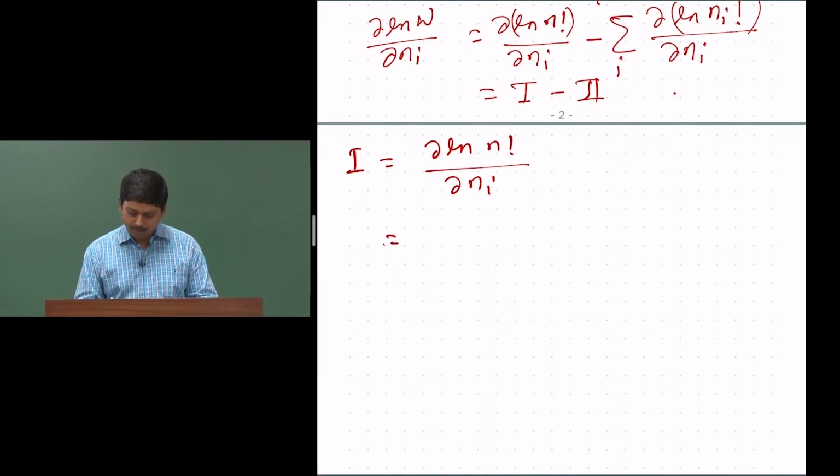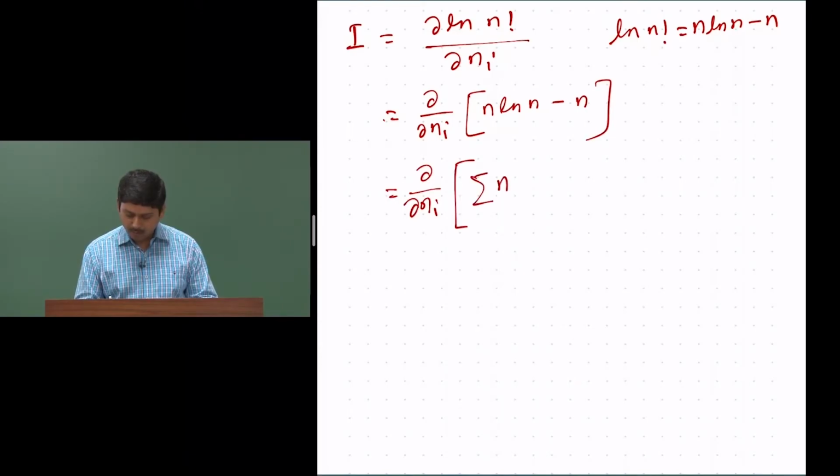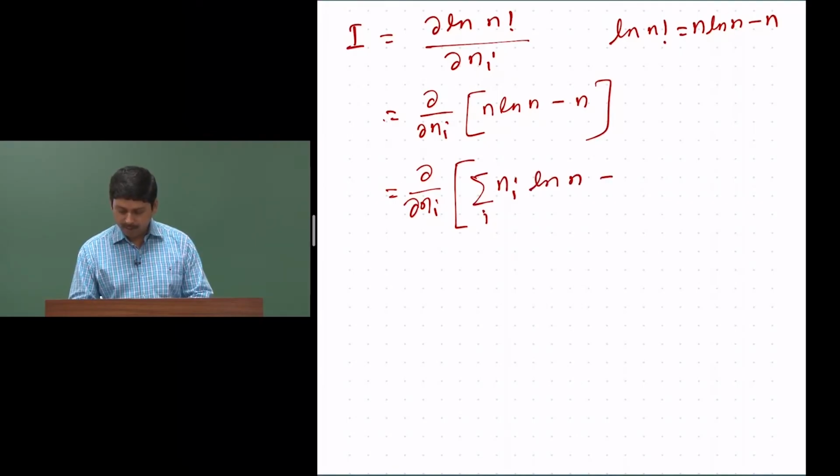Now, we know that using Stirling's approximation, ln n factorial is n ln n minus n, and the n itself is the sum over ni's. So, let us write del by del ni of n ln n minus n, with n as the sum over ni, ln n, minus the sum over ni.